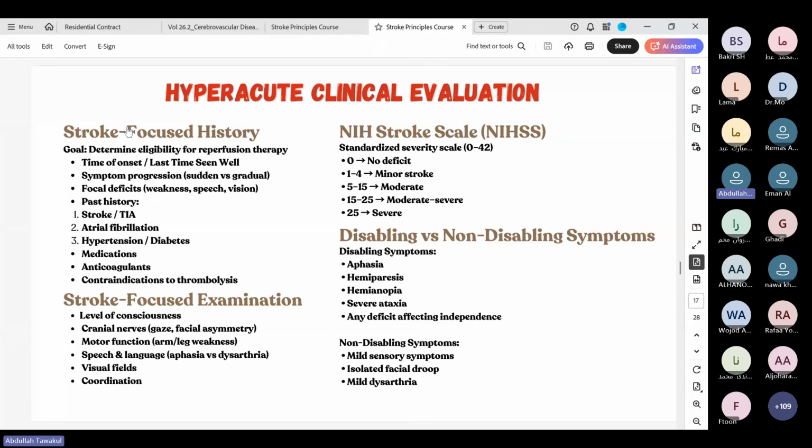According to the recent guidelines, if someone presented within 24 hours with acute neurologic deficit, CT scan was negative for hemorrhage or any stroke mimics, and the patient had large vessel occlusion, these patients are candidates for mechanical thrombectomy if the amount of ischemic changes equals an ASPECT score above 2.